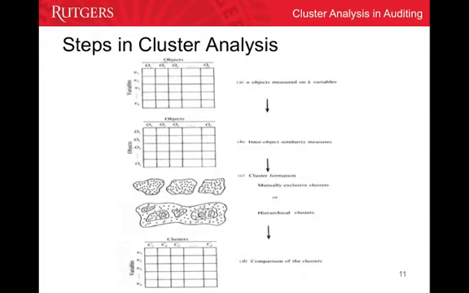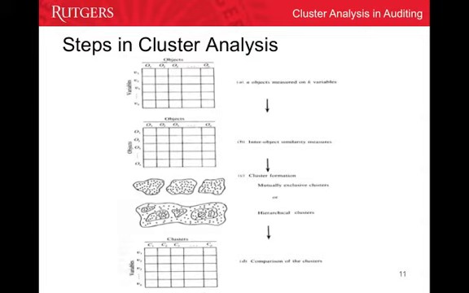Okay, then let's take a look at the steps in cluster analysis. Cluster analysis generally starts with observation measurements. Observations are usually measured on k variables. The similarity or distance between each pair of observations is measured.